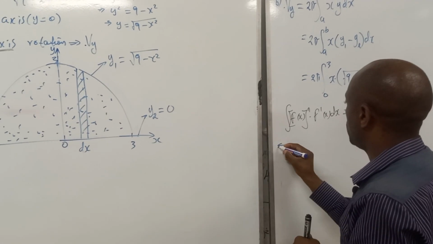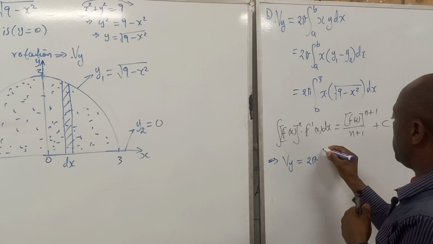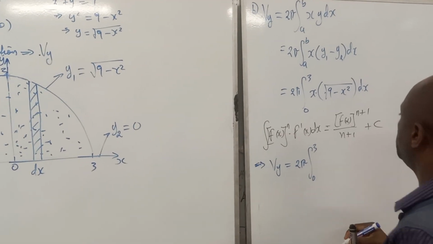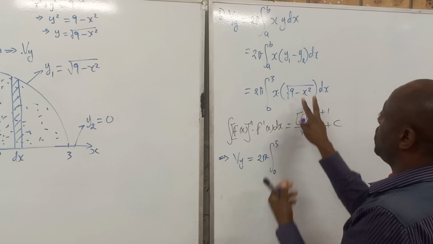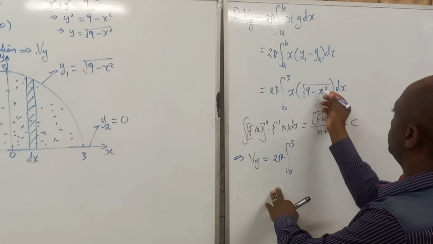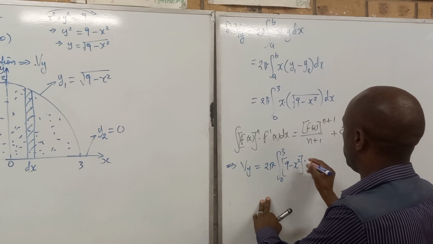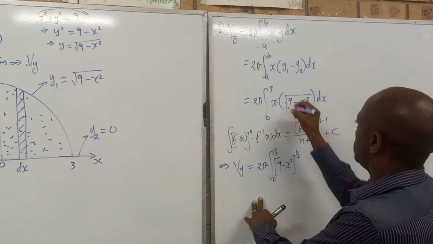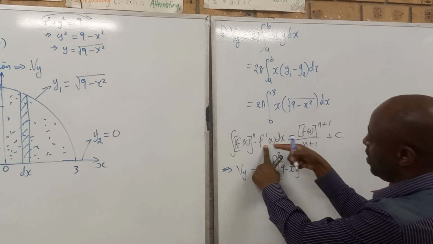So if I get back to my problem, my Vy is 2 pi, then the integral from 0 to 3, then the part that I'm supposed to call my u in my u substitution, I put it in the position of f. So certainly my u is 9 minus x squared, my power is a half since it's a square root. Then the formula says we must see the derivative of f next to it.